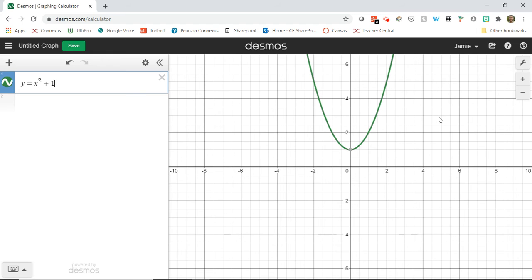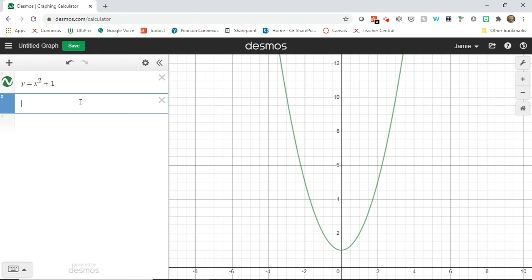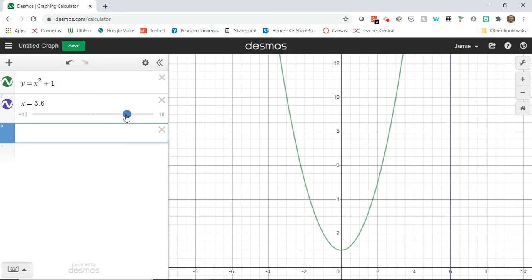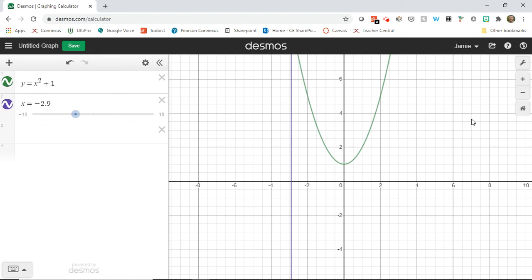If I look at that graph, and I'm going to go ahead and put a vertical line in here that we can use to drag across, notice it's always crossing at just one point. We could pull our graph up, it keeps going and going. We're never going to have more than one output for each input, for each x value.